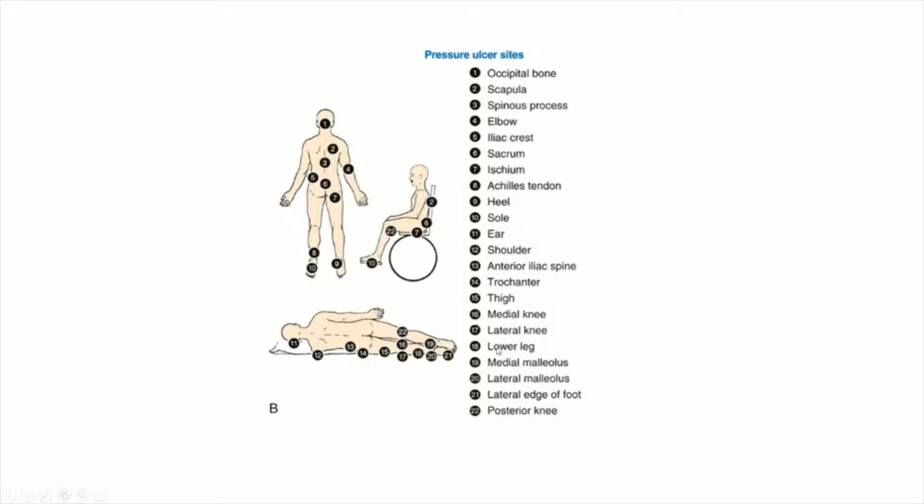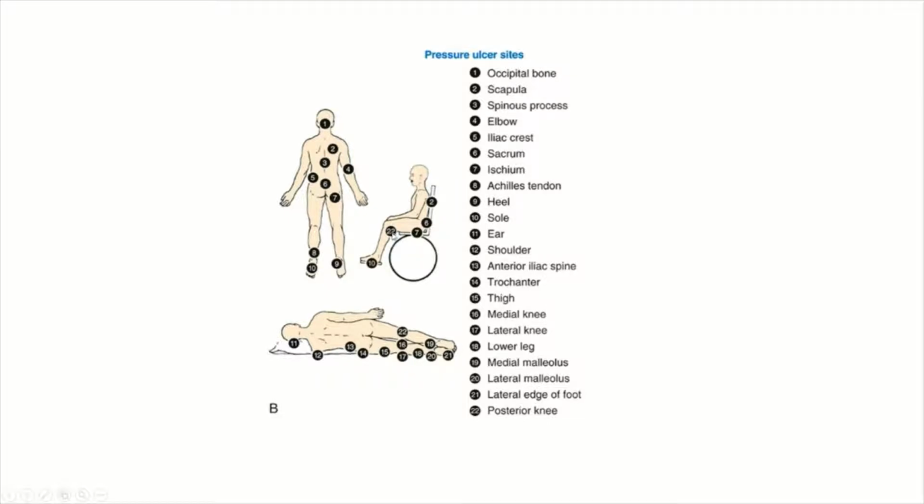The lateral knee, the lower leg, the medial malleolus, so the inside of your ankle, the lateral edge of the foot, and the posterior knee. So the back of the knee, if you're laying on your side, I'm trying to picture a situation where I could see something happening to create pressure there, and I don't see it as much as I do when you look at the wheelchair.